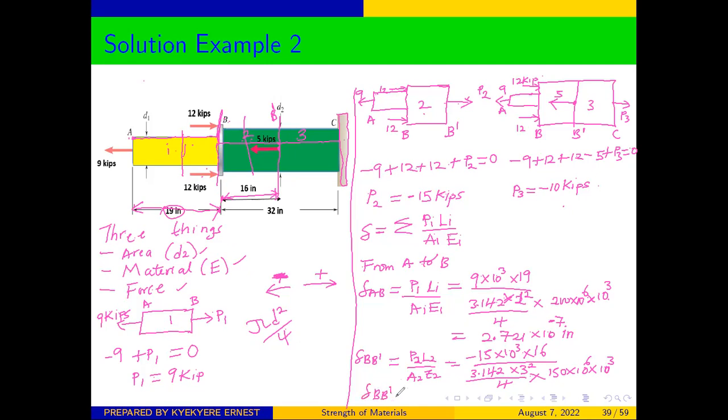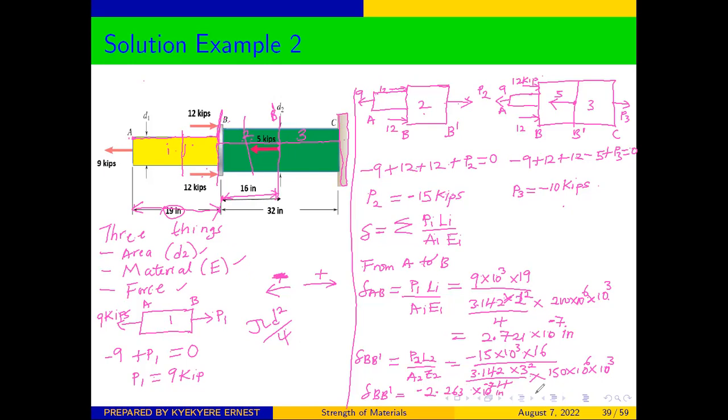When you do the calculation, the deformation for BB prime will be equal to -2.263 times 10 to the power -7 inches. So we have been able to calculate the deformation in section 1 and section 2.